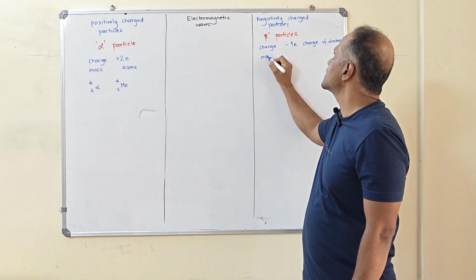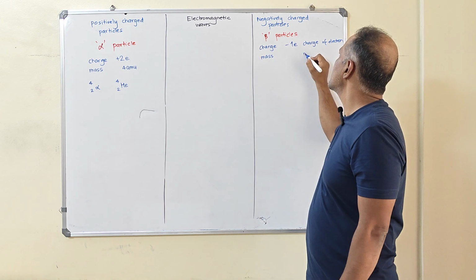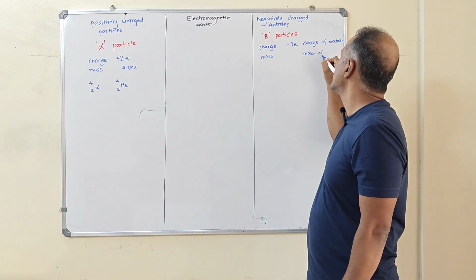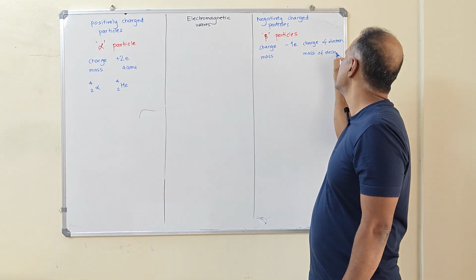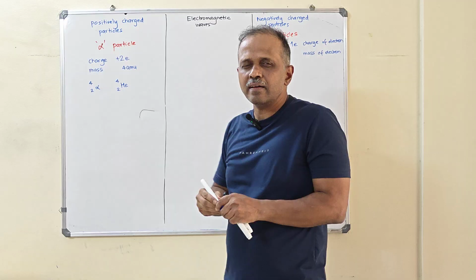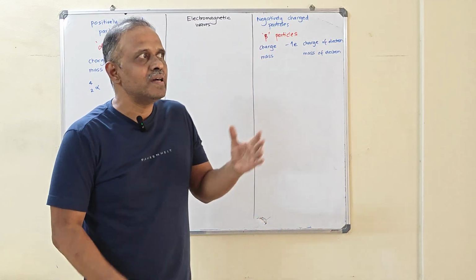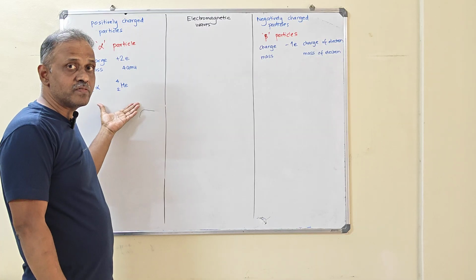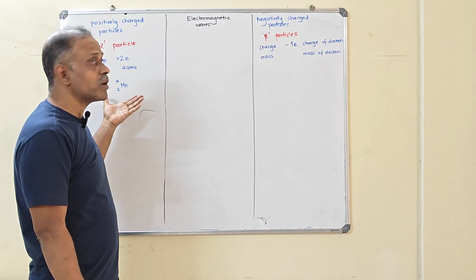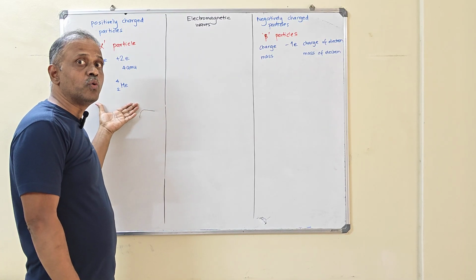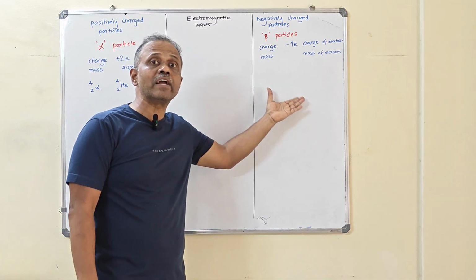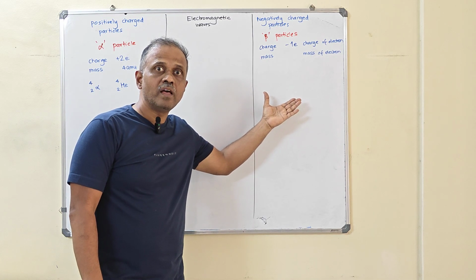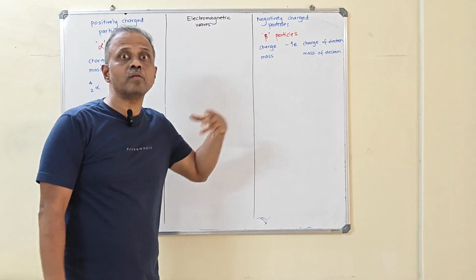And what is the mass? Mass is the mass of an electron. So students, isn't it surprising to know that from a heavy nucleus, both a helium nucleus and an electron are being emitted? An electron is emitted from the nucleus.